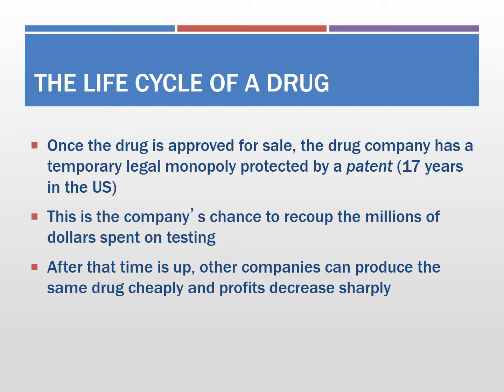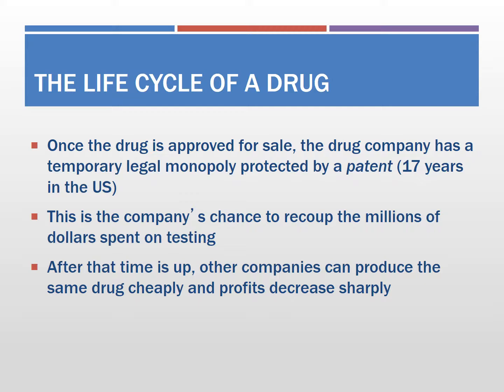After the time is up, other companies in the markets can produce the same drug cheaply, and the profits for the drug will sharply decrease because of the competition. So the idea is, once company A invented this new drug, spent 10 years on it, then for the first 17 years company A can sell this drug solely in the market.